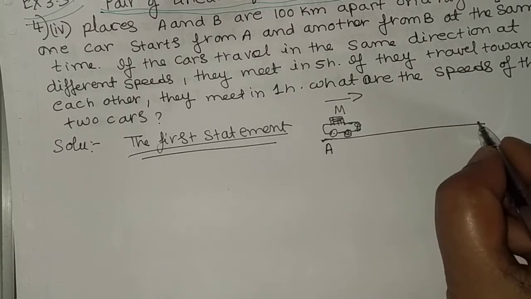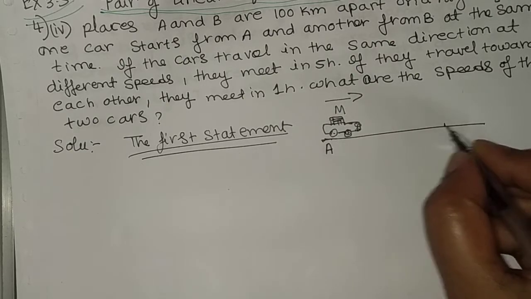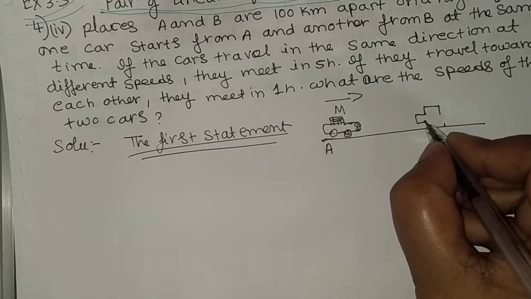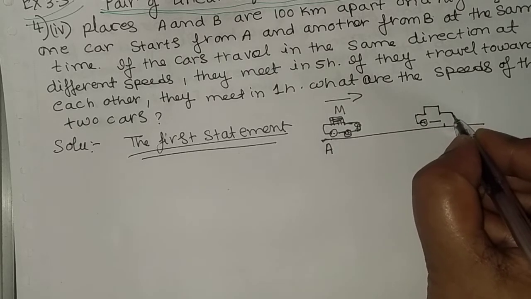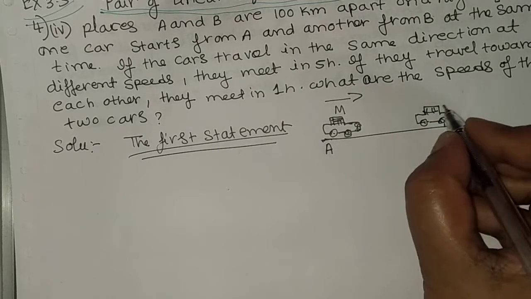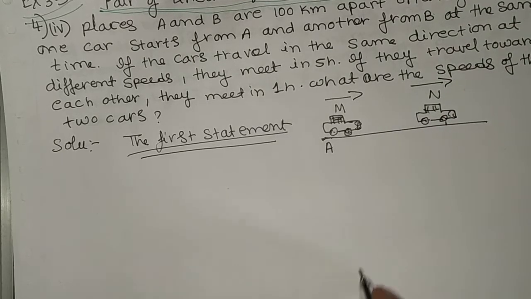Now another car is there, so we'll write it down. This is car M, and this is car N. They are traveling in the same direction.